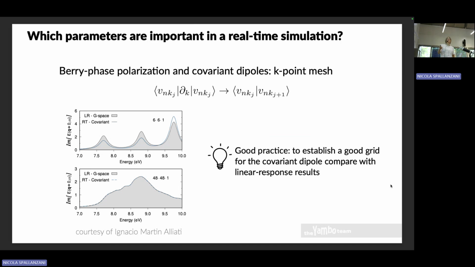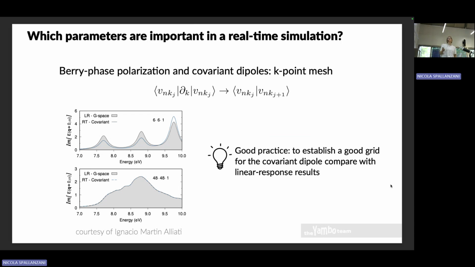Actually, the problem is that with 6 by 6 by 6, your dipoles are not very accurate, and the error is that. If you go to 48 by 48 by 48, you see that you are really on top of the linear response when you do this in real time.